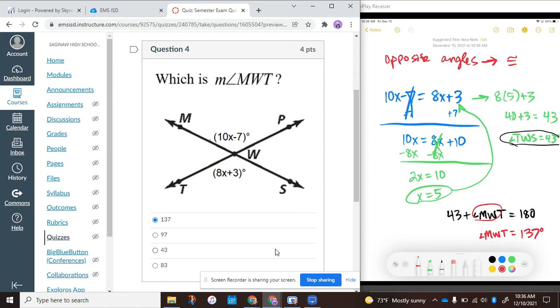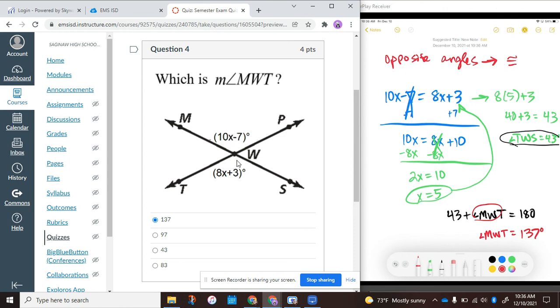All right, so you see how we got this? We started off with these opposite angles right here, and we solved for x. After we solved for x, we plugged it back in to see what this angle was. The things we had to recognize up to this point were, first, opposite angles are congruent.